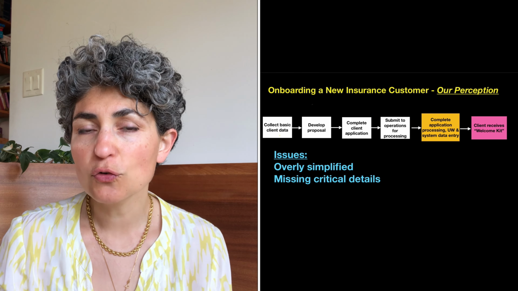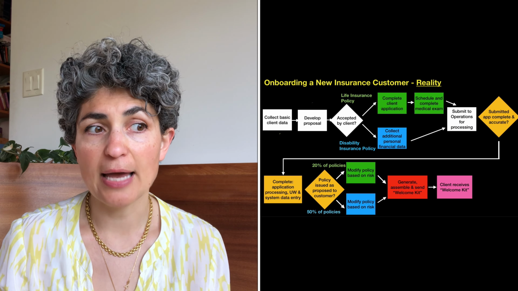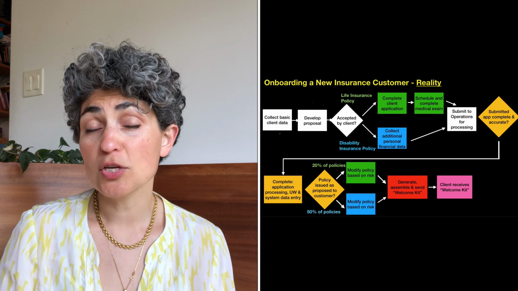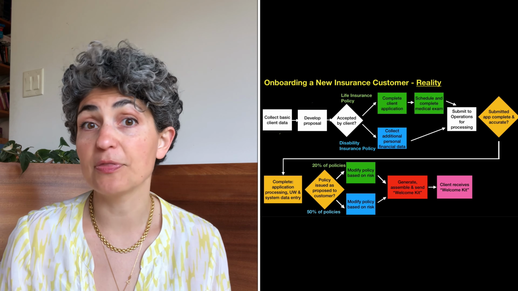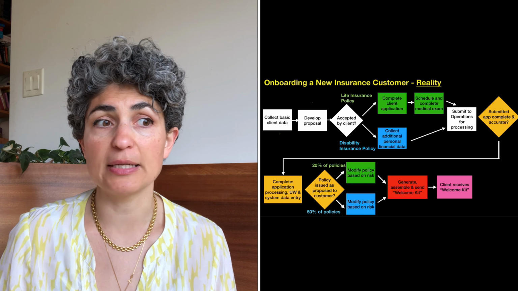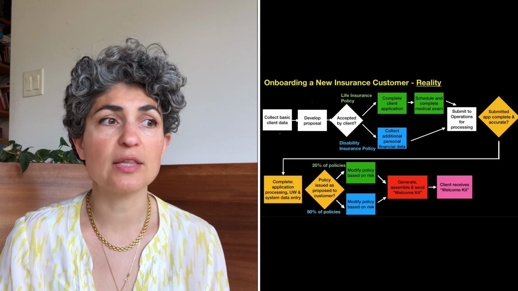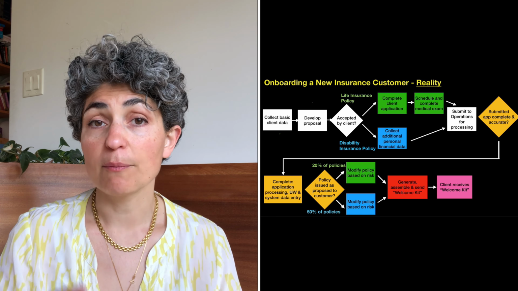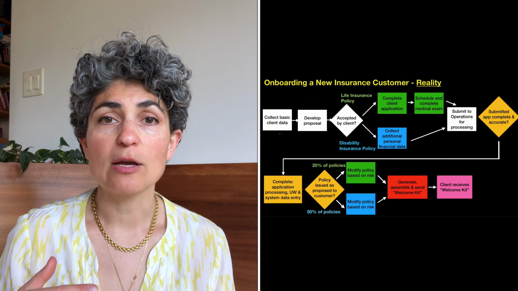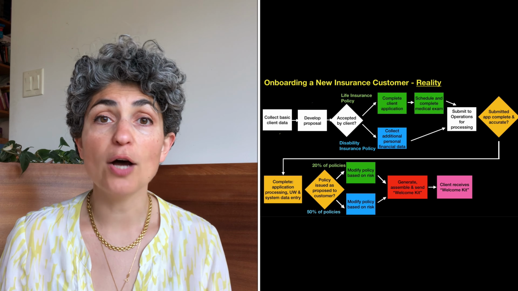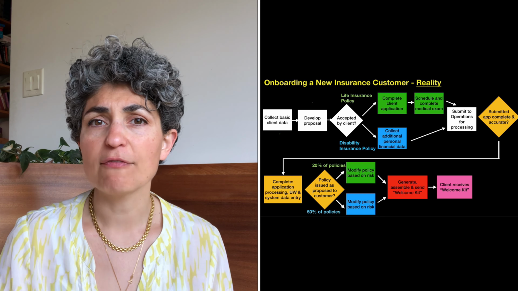But if you start to really consider the fact that we have two key products in insurance, which may be life or disability, and depending on whether it's life or disability, the requirements or the data points that we collect from the customer are different, and the decision points that we have under consideration for underwriting are different between life and disability.